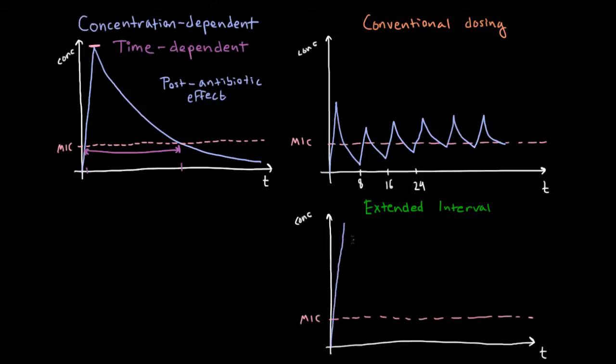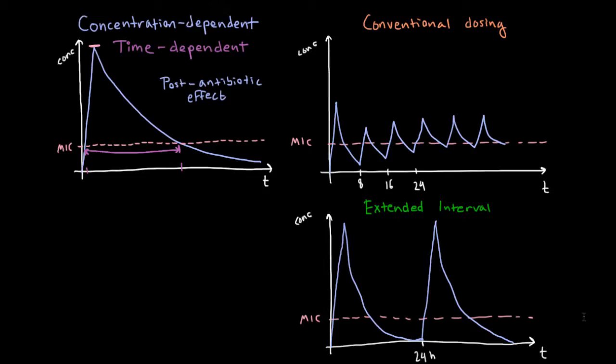So it's going to climb up to a much higher peak. And then you're going to wait about 24 hours before you give the next dose. And by then, the concentration will really have dropped back down to 0. At that point, you give the same dose again, also a big one, so it spikes back up. And then you wait again another 24 hours, by which time the concentration has really come back down to 0. So this is about 24 hours here.